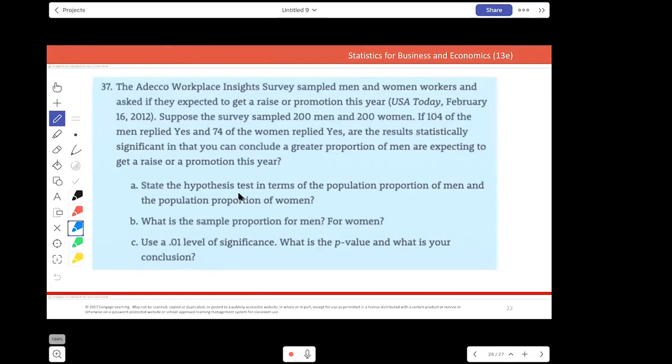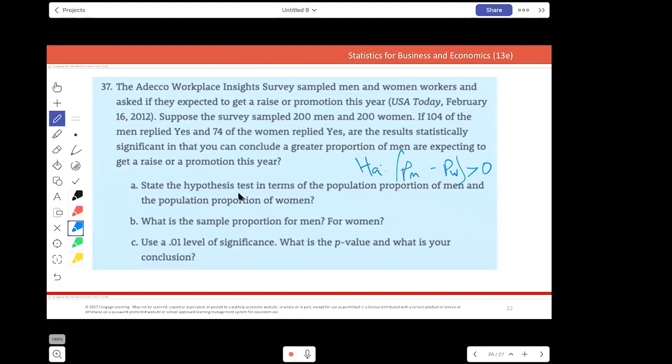If we write our population proportions as PM for men and PW for women, then in our alternate hypothesis we will be looking for PM minus PW greater than 0. That means the proportion of men should be larger than the proportion of women.